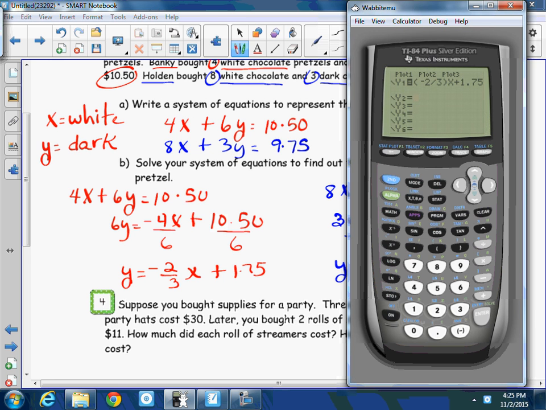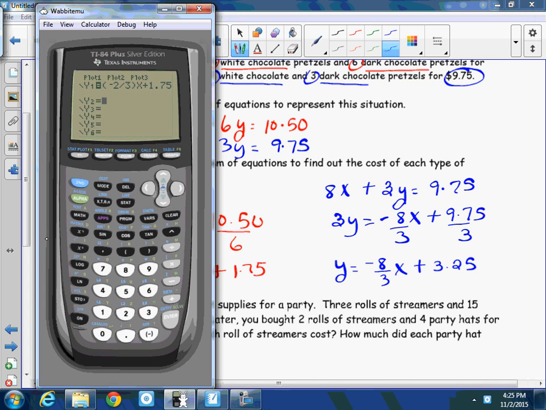The second one is negative 8/3 x plus 325. I do not need to change my window because those intercepts are less than 10.